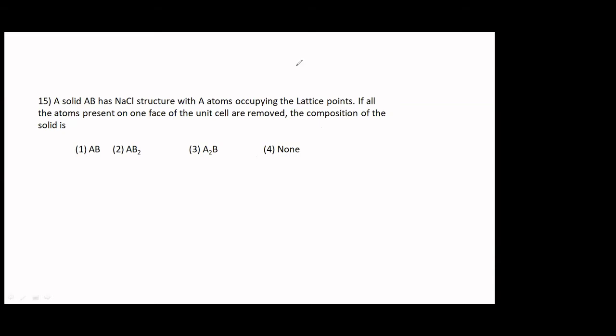Let's draw the unit cell first. So you have got this NaCl structure. Now you have got the corner atoms, which are A, and the face centers.